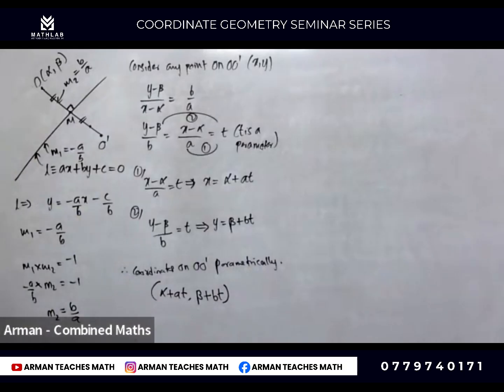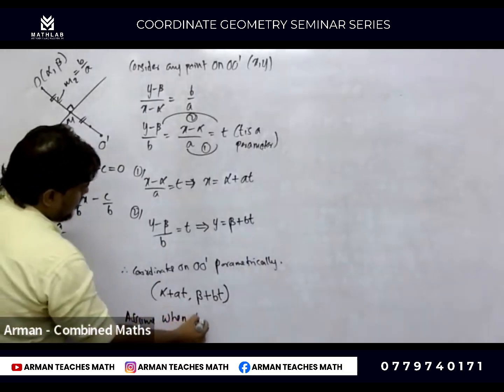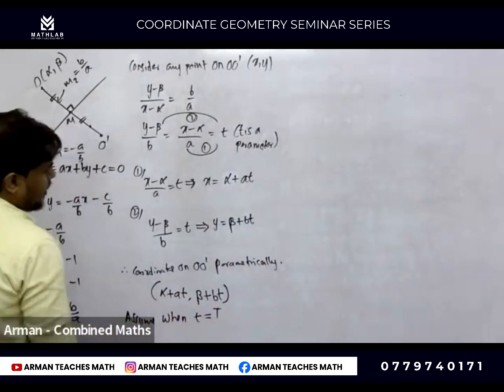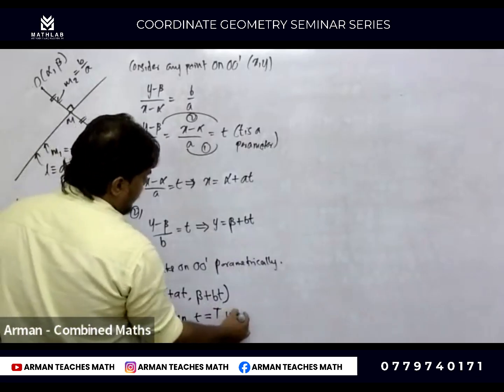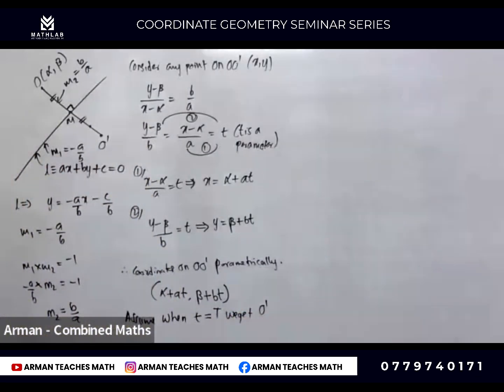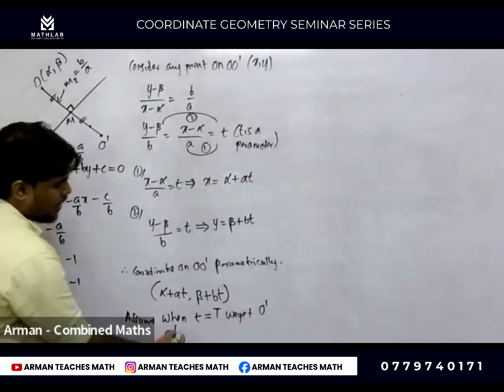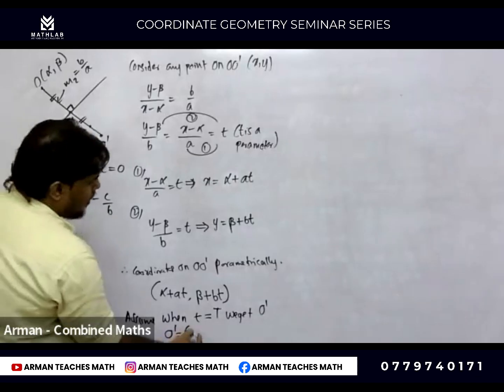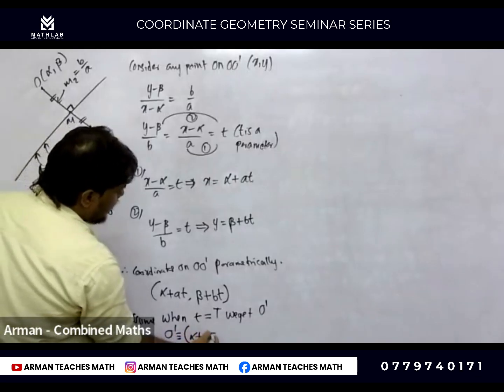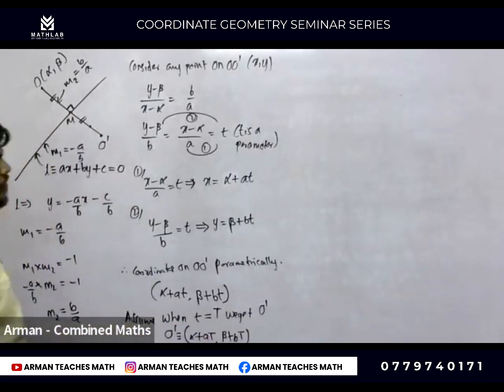We assume that when small t equals capital T, we get O dash. So we can write O dash coordinates in terms of capital T: alpha plus A capital T, comma, beta plus B capital T.